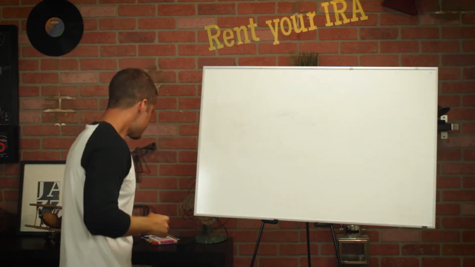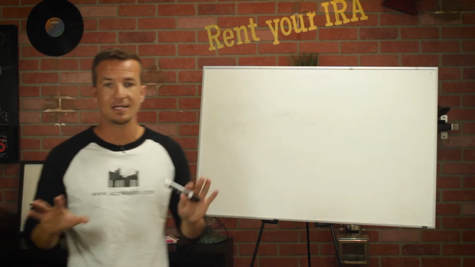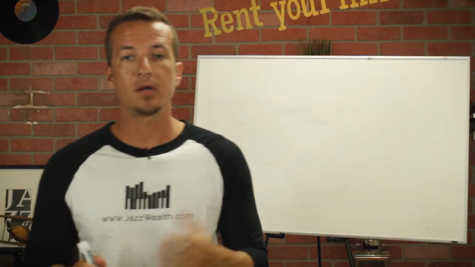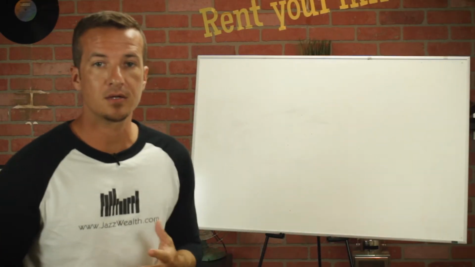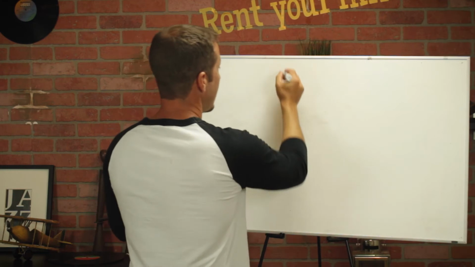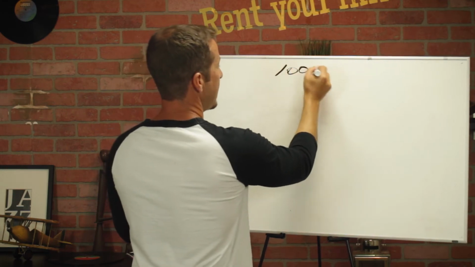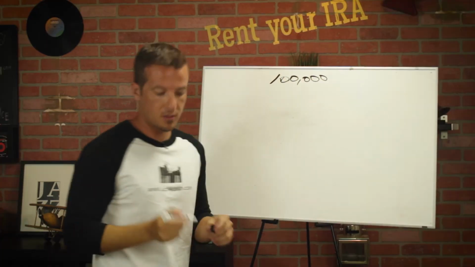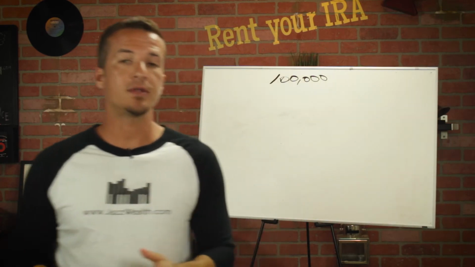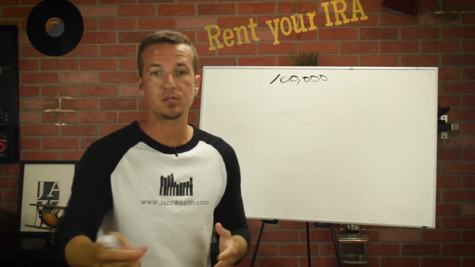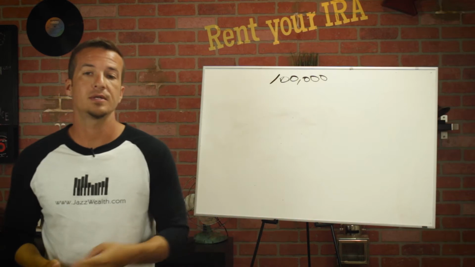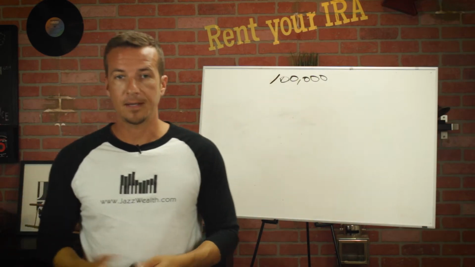We're gonna look at a general idea. Now, I'm gonna make this easy for math, all right? So we're gonna assume that you have $100,000 in your IRA, Roth IRA, whatever sort of long-term investments you have, okay? You've got $100,000. It could be a taxable account too, just some normal brokerage account that you're working with, okay?